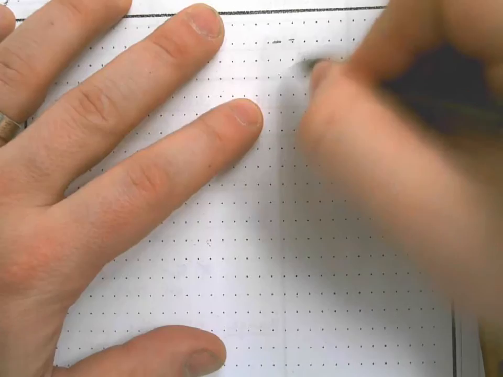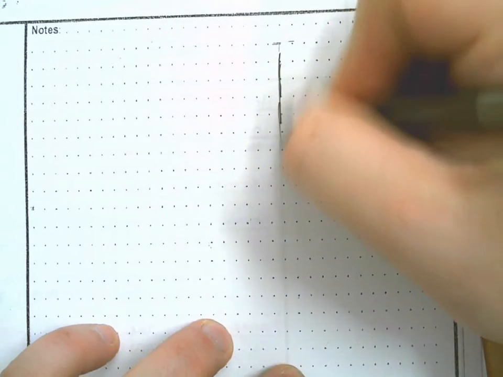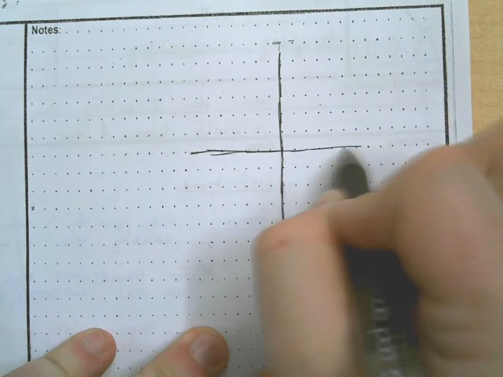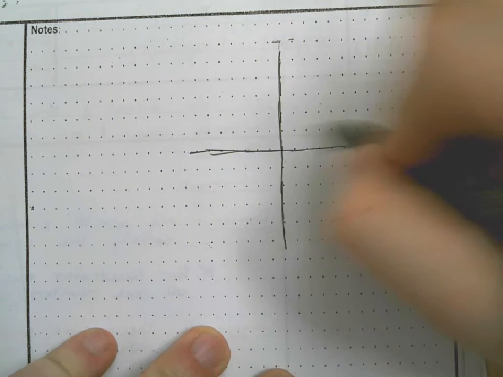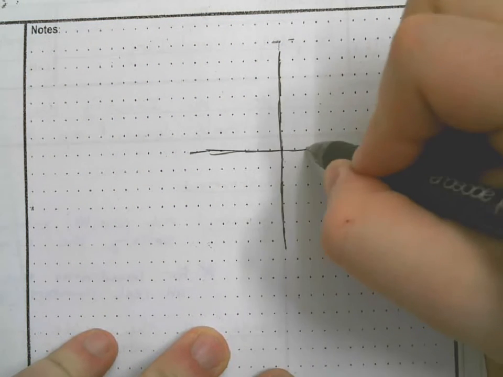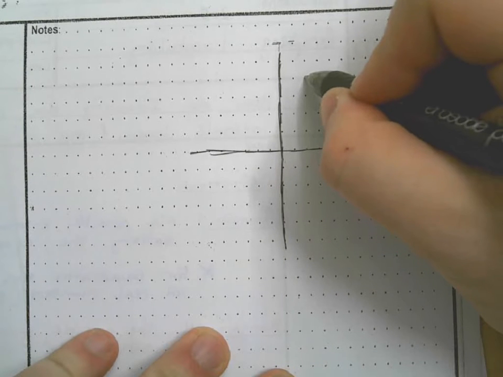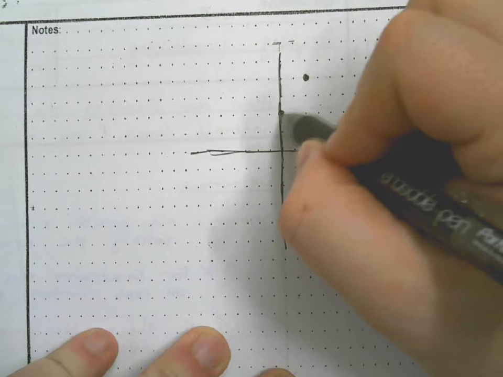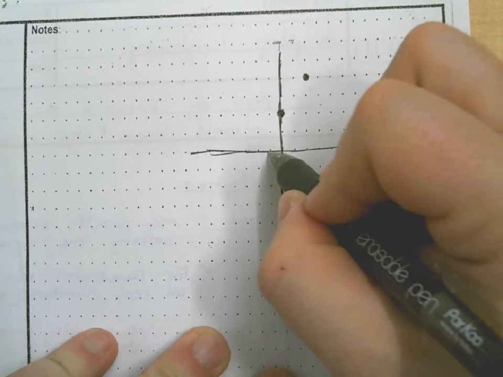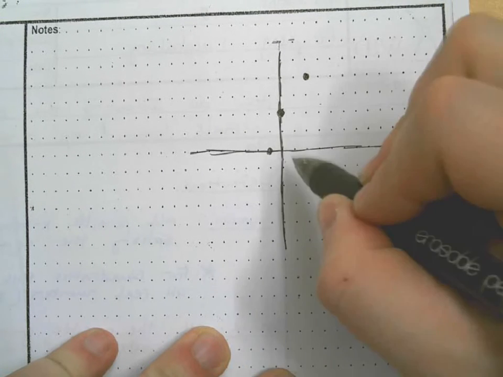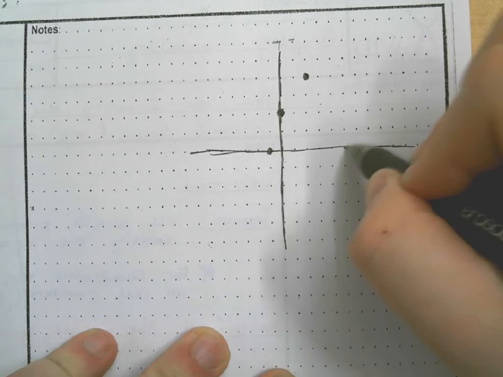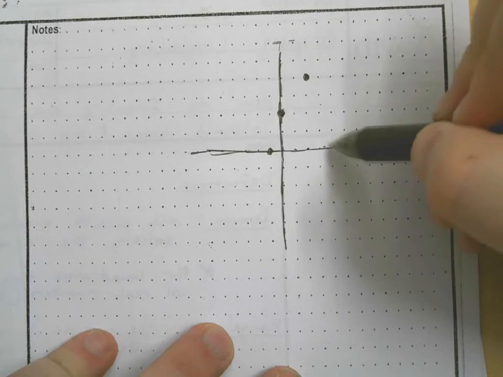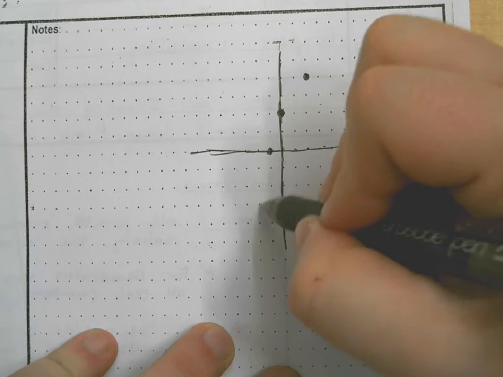So first we'll need to have a graph. I'm going to draw my graph over here to the right. We'll put our vertex at (2, 4). Let's put our y-intercept at 2, x-intercept at -1. Okay, looks good.